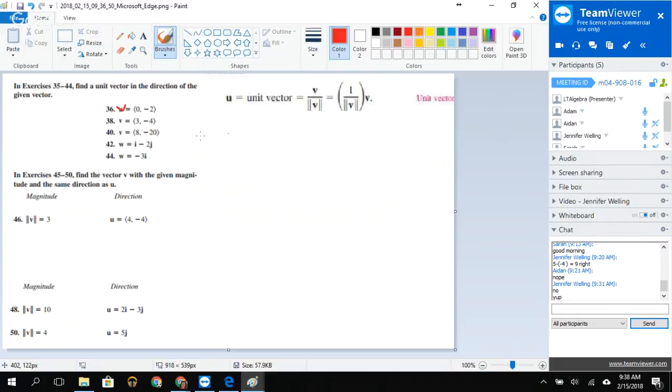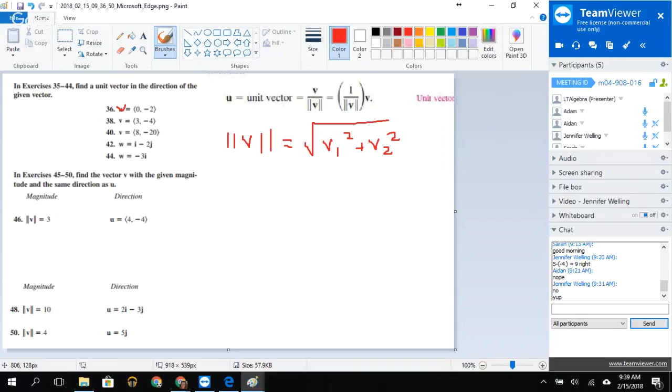So if you recall from Monday, also in your notes up at the top, the magnitude of a vector can be found as the square root of v1 squared plus v2 squared.